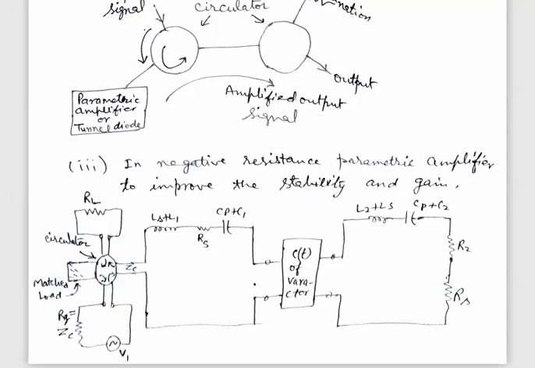Also, the gain obtained by using the circulator will be almost 4 times that obtained without the circulator. So by using a circulator in the input circuit, the gain obtained can be 4 times as compared to the circuit without the circulator.